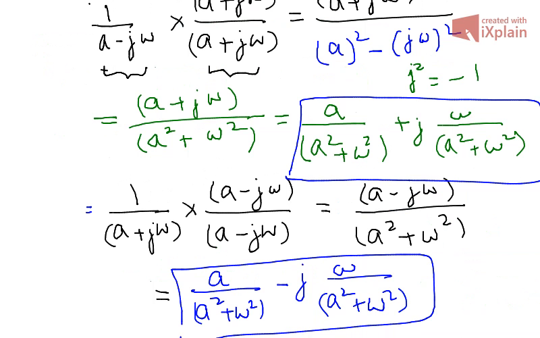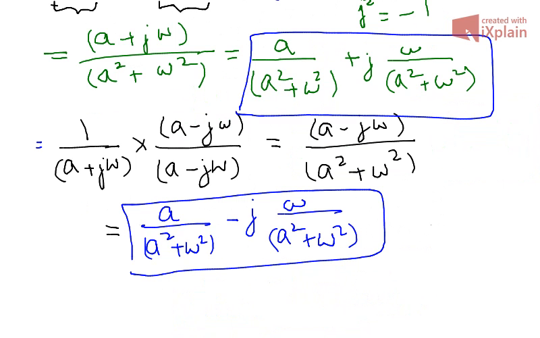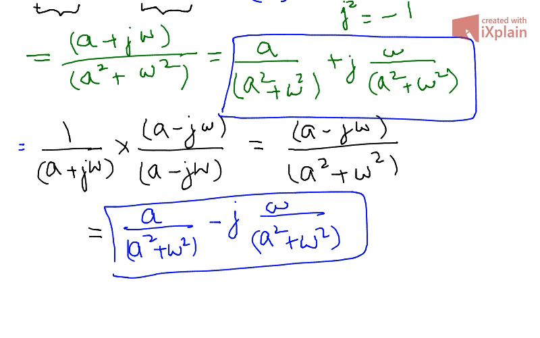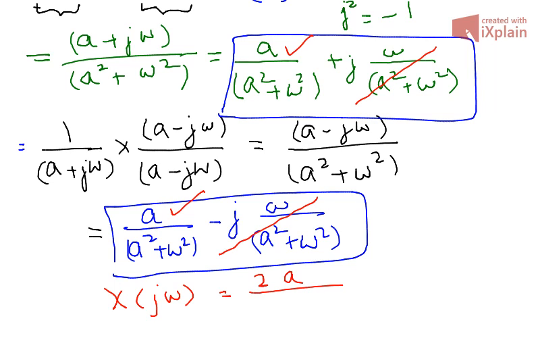Adding these two terms, this would be cancelled with this one. Here it is with plus sign, here it is with minus sign. So your x of j omega basically can be written as the summation of this one and this one, which is just 2 times a over a square plus omega square.